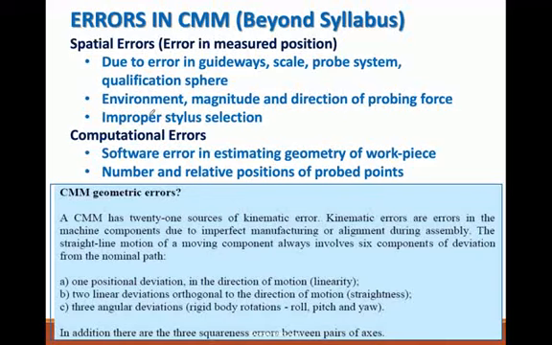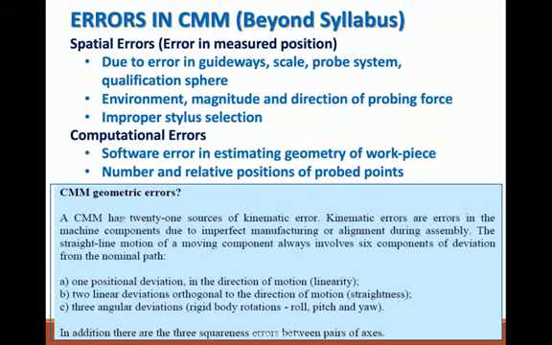There can be computational errors also, software error in estimating geometry of the workpiece. There can be error with the number and relative position of probed points, etc. There are certain geometric errors also with CMM.